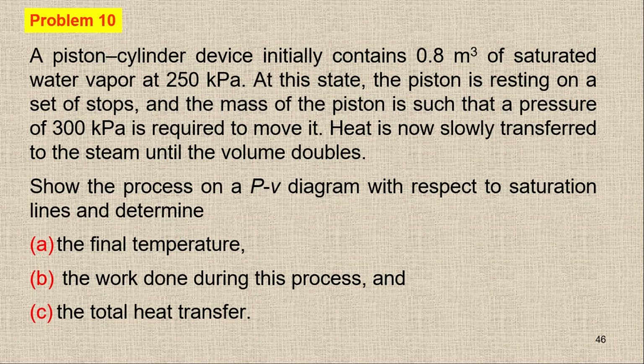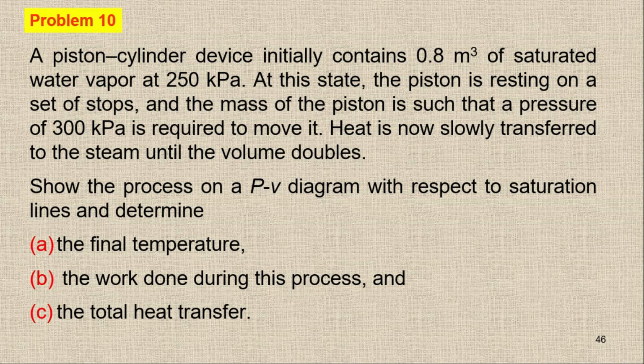In this question we have a piston cylinder device that initially contains 0.8 meter cube of saturated water vapors at 250 kilopascal. The initial volume is given, and we have saturated water vapors at 250 kilopascal.